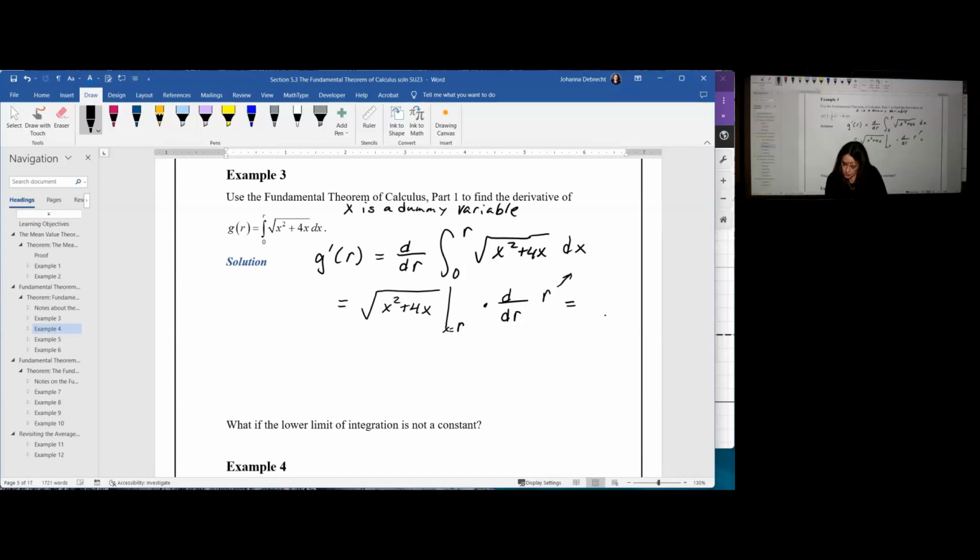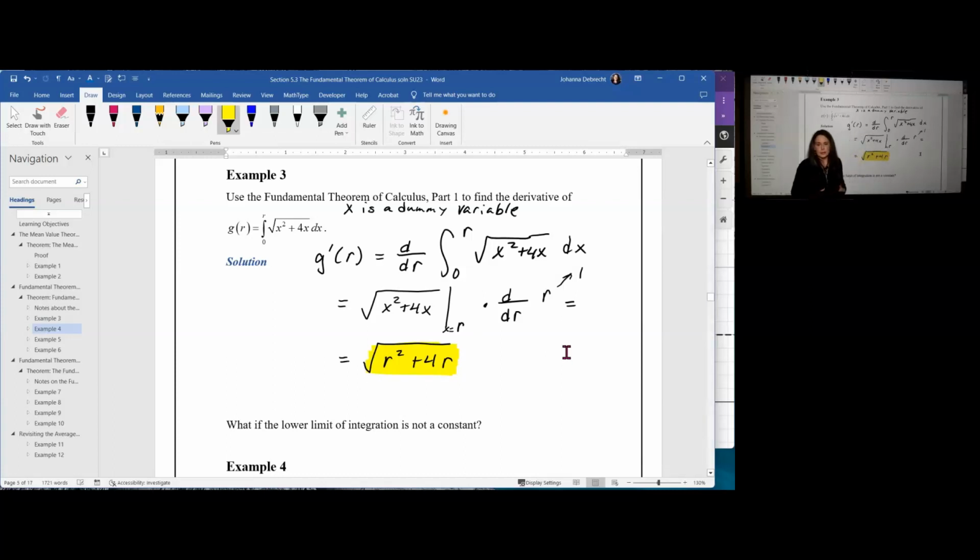The derivative here would just be 1. Substituting r in place of the variable, I get the square root of r squared plus 4r. This is the derivative of the antiderivative function.